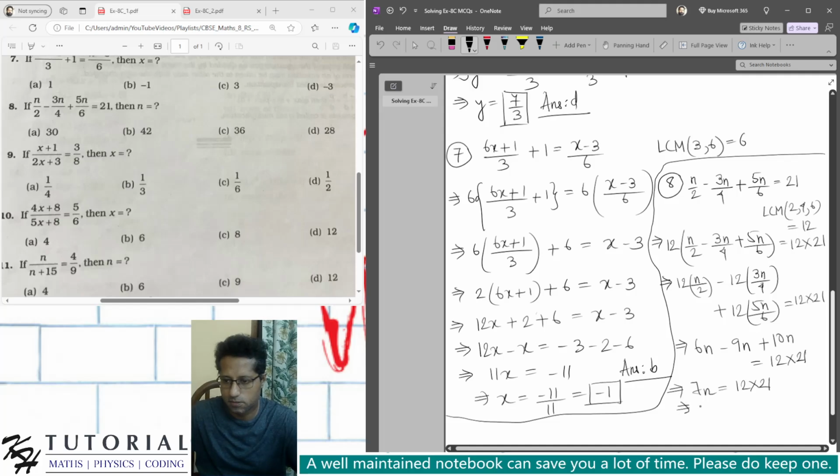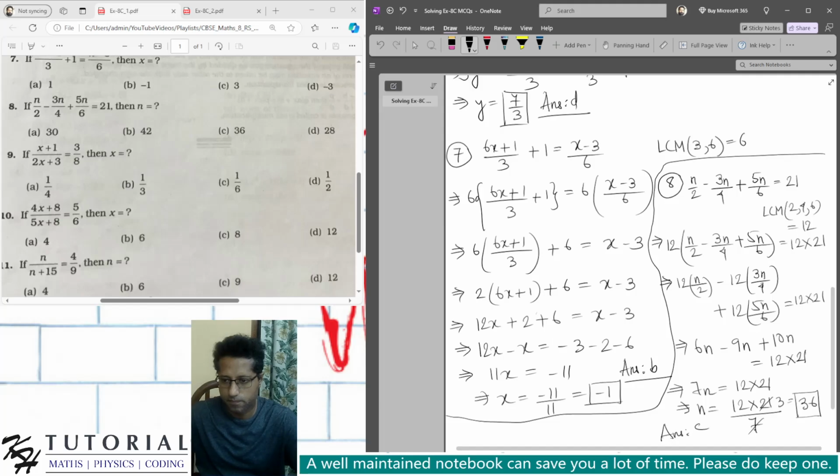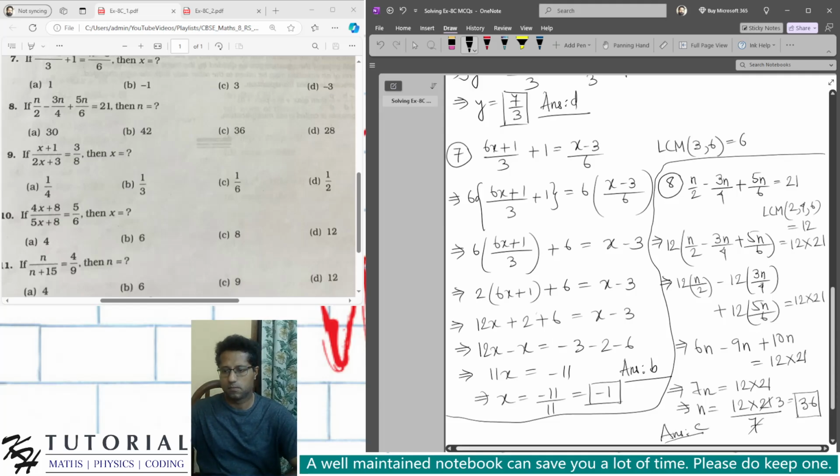So this implies n is equal to 12 into 21 divided by 7. So 7 cancels 21 with 3. So this is 36. The value of n is 36, which is the root or solution of the given equation. And hence the correct choice is C. C is the correct choice.